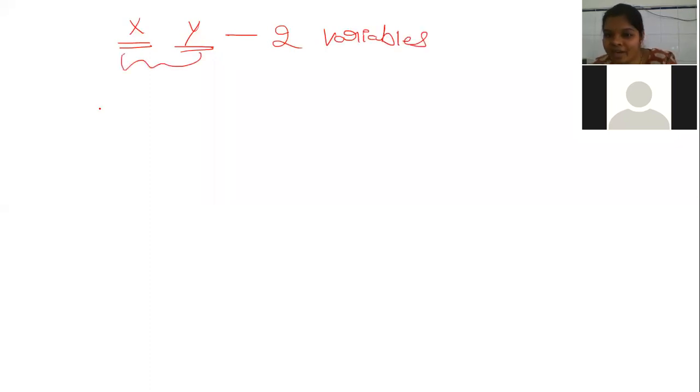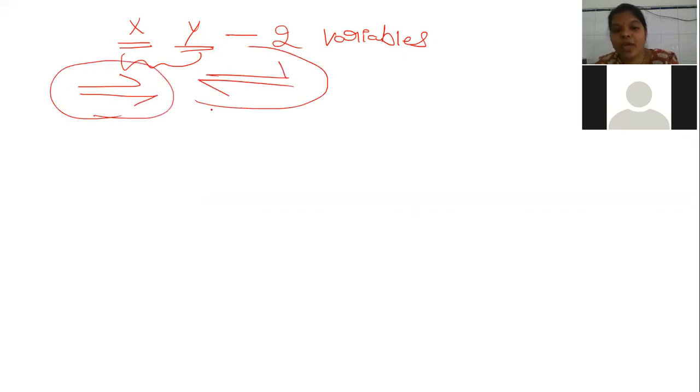We have two variables, right? Let us assume them as x and y. These two variables may move either in the same direction or in opposite directions. How can we represent these two directions?